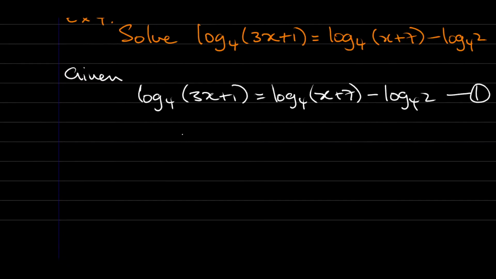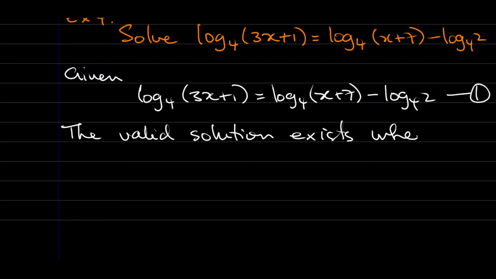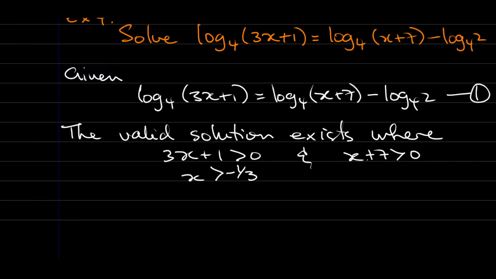So let's see. The valid solution exists where 3x plus 1 is greater than 0 and x plus 7 is greater than 0. That means x is greater than negative 1/3 and x is greater than negative 7.